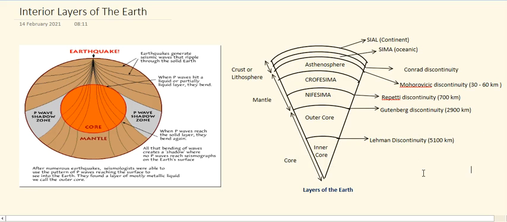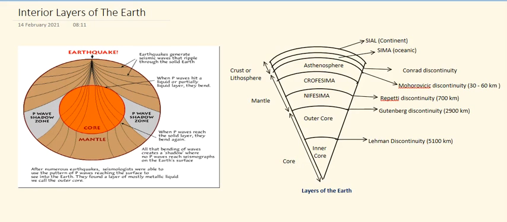Then between Crofesima and Nifesima, the Repetti discontinuity is found. Further, between the lower mantle and outer core, the Gutenberg discontinuity is found. And at last, between the outer core and inner core, the Lehmann discontinuity is found. Now, let us proceed towards the next page.